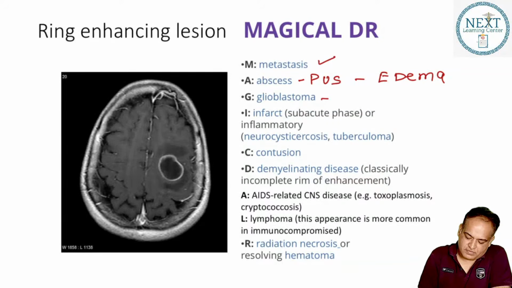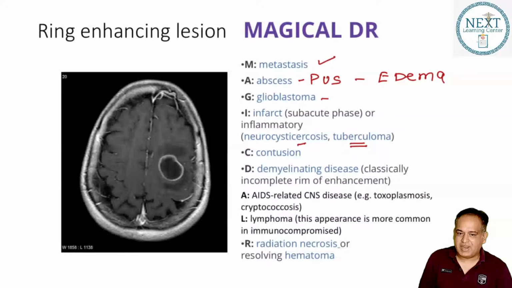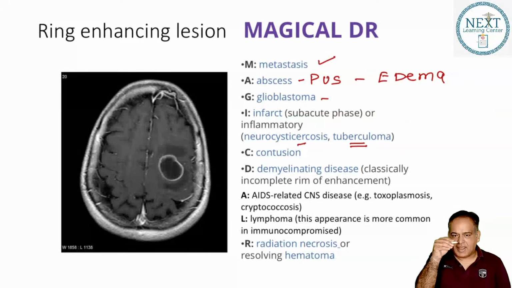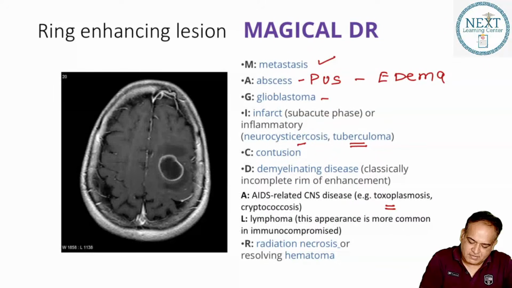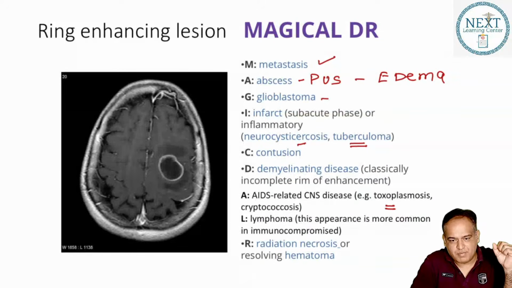This could be because of neurocysticercosis or tuberculoma. Contusion, brain injury surrounded by edema. Okay, demyelinating diseases and HIV. HIV related diseases like toxoplasma and cryptococcus, lymphoma and radiation necrosis. So this mnemonic is extremely important for us to remember. Magical doctor. Okay.